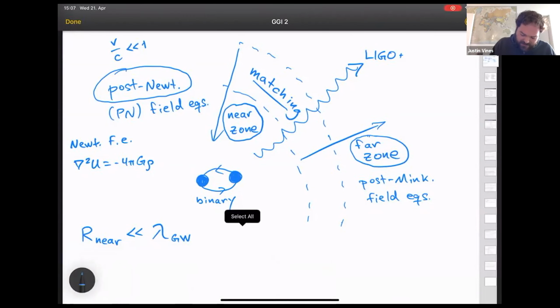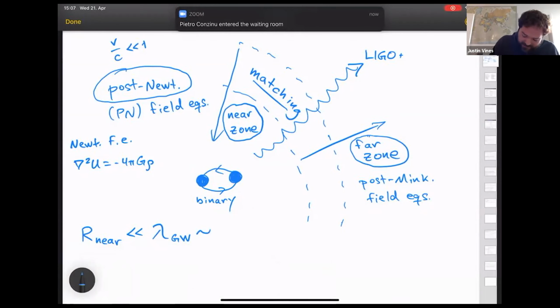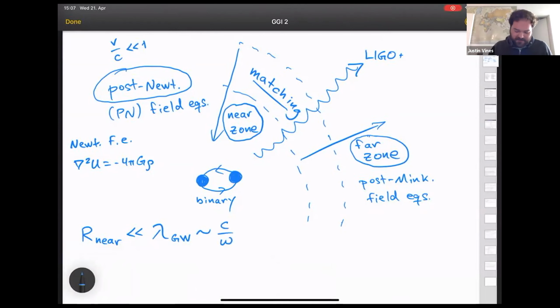Let's say, thinking about a binary system, the wavelength is, let's say, the speed of light over the angular frequency. And for a binary, we know, let's say, the velocities involved are related to the orbital frequency. Say, think of a circular orbit.